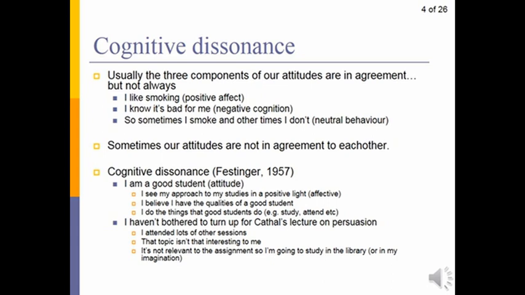Or sometimes they'll find a way to, we might call it rationalise it, but Festinger would say we're adjusting the attitude or adjusting our beliefs, because remember, beliefs are part of an attitude, in order to make the attitude consistent with behaviour. So we say to ourselves, oh well, those particular classes, they're not important classes, or well, I was using that time to read up on something to do with the assessment.